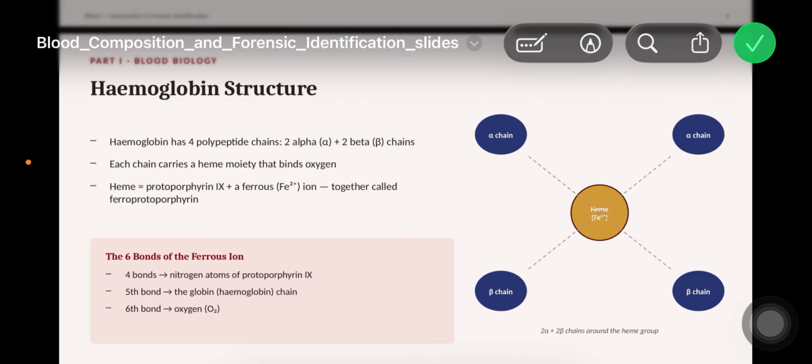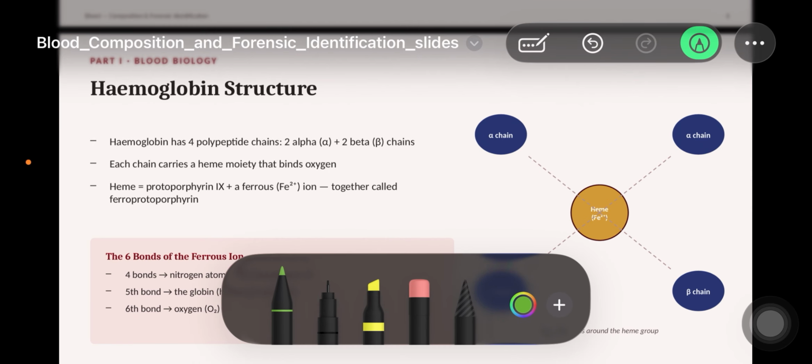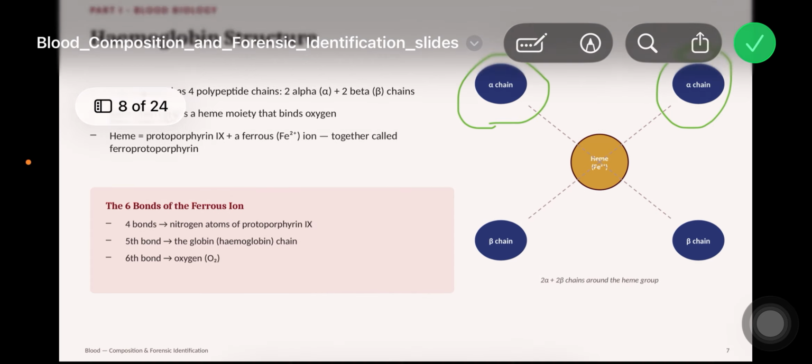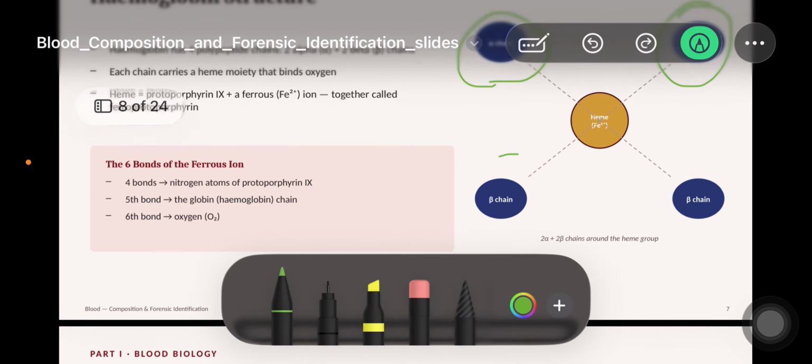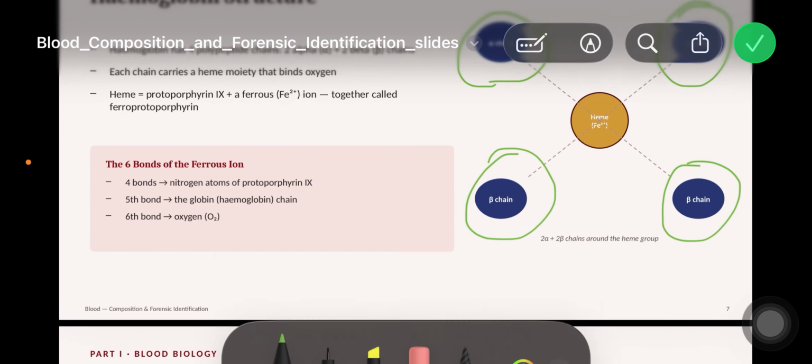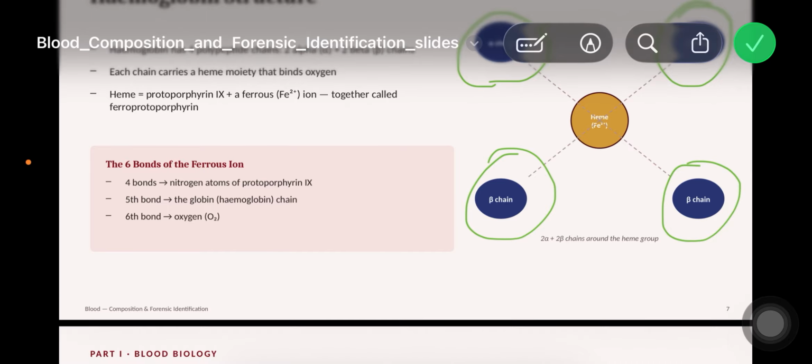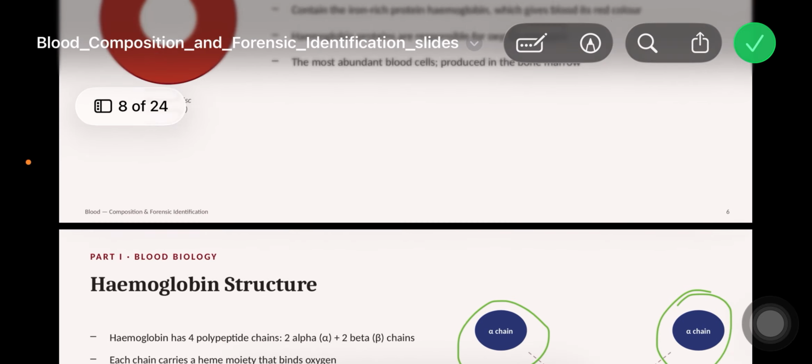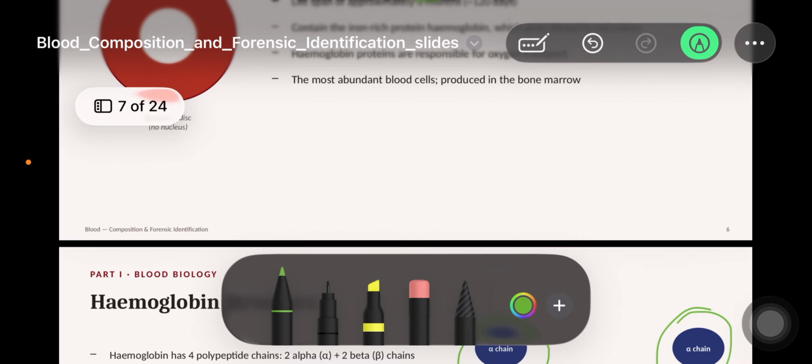This is the structure for hemoglobin. These are the 2 alpha and 2 beta chains, and we have space here. I'll write.